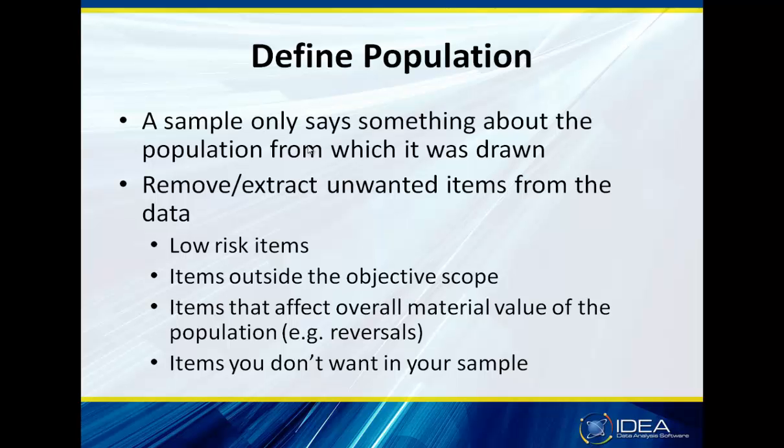It doesn't affect the material value of our population. So any reversals you would want to make sure that you get rid of before you pull a sample from the population. Or you might find that you have an item in your sample that really was never anything that needed to be sampled to begin with. And again, basically, just remove any items you don't want and that you would never want to have wind up in your sample.